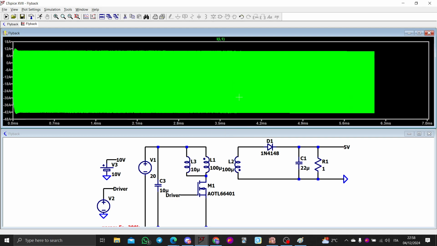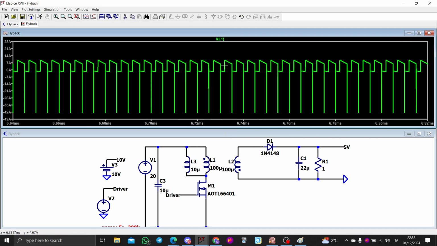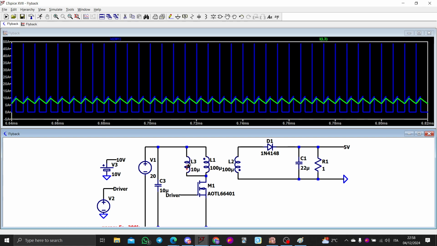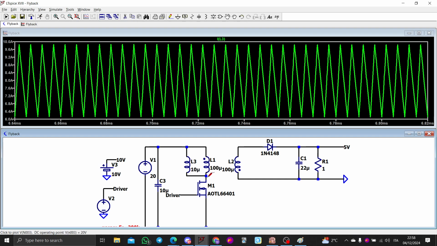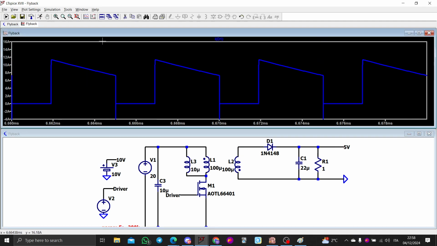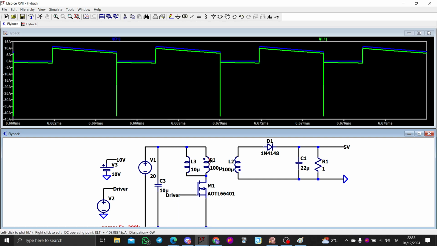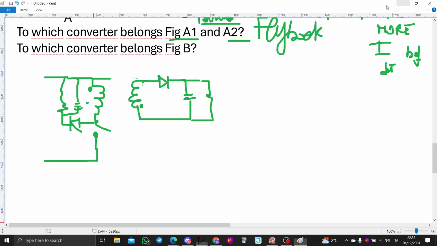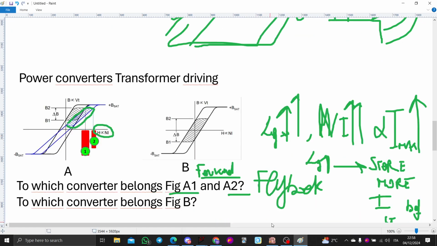Aside from this, it mostly stays positive. And here is the current of the diode, and the current of the primary is the same as the current of the secondary, besides the turns ratio. So the thing is that you never go in the other quadrants.